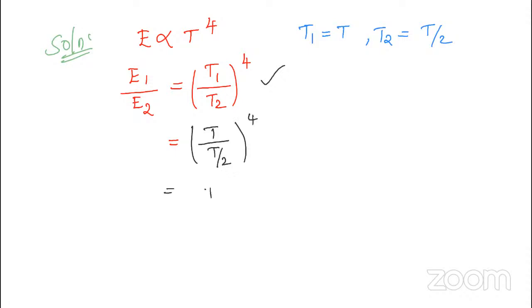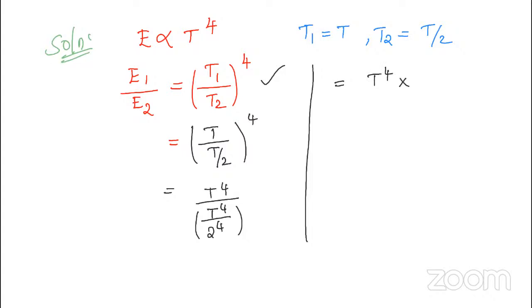Either it is written as T power 4 divided by T power 4 by 2 power 4. For the next step, the denominator we can convert into the numerator: 2 power 4 into T power 4 divided by T power 4.